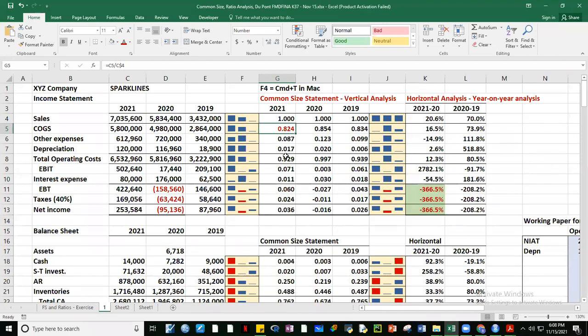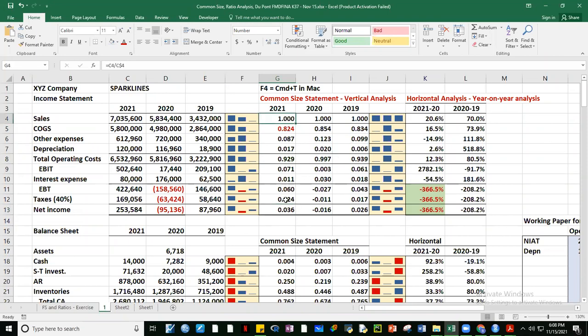Okay, so 92.9 here means that for every 1 peso of sales, the company spends around 93 centavos on operating expenses. So bottom line natin, around 3.6 centavos lang ang earnings ng company. No? Net of taxes, net of all the costs, for every 1 peso of sales.